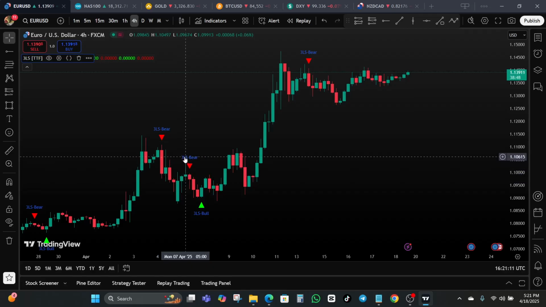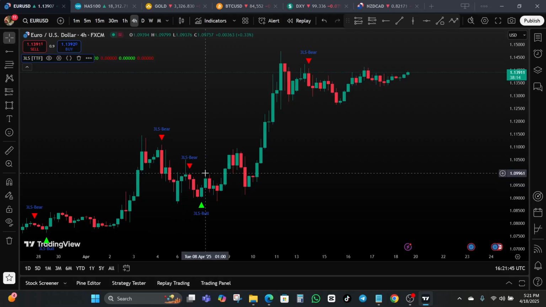You can see this was a high, but this was a close, so it closes within the range of the second candle. That's the third candle. And then the fourth candle is going to close above or below the previous candles. In this case, you can see it closed above. It confirms the pattern and signals either a trend continuation or trend reversal. So in this case, we had a continuation.